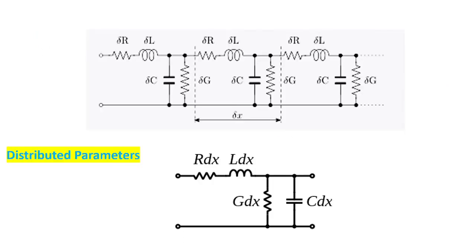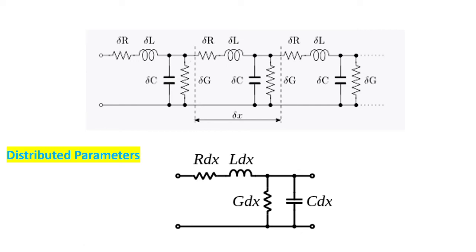So all together there are four types of primary constants available: resistor, inductor, capacitor and conductance. Resistor is due to the length of the cable, inductor is due to the magnetic field effect, and any two conducting media separated with some insulating medium give you the capacitance effect. And though it is insulated perfectly, there might be a little possible leakage current in this cable, which is considered as conductance.